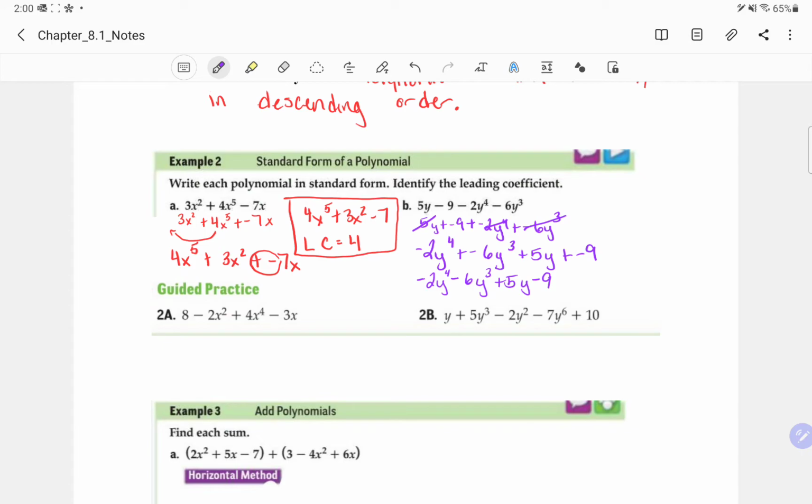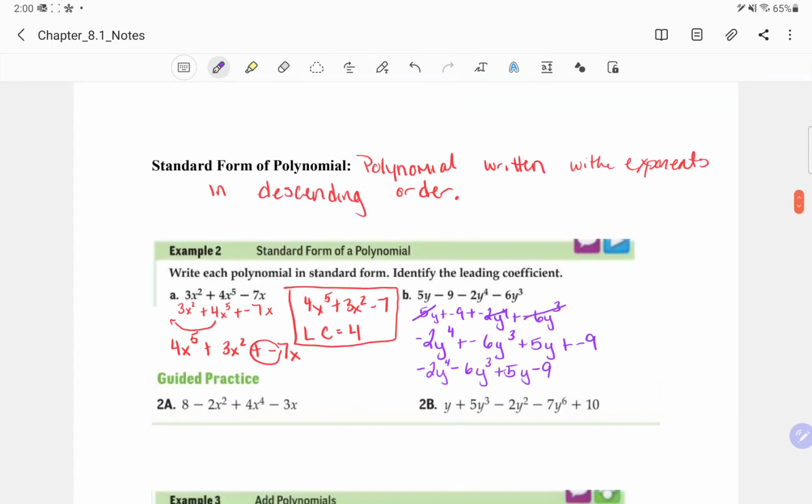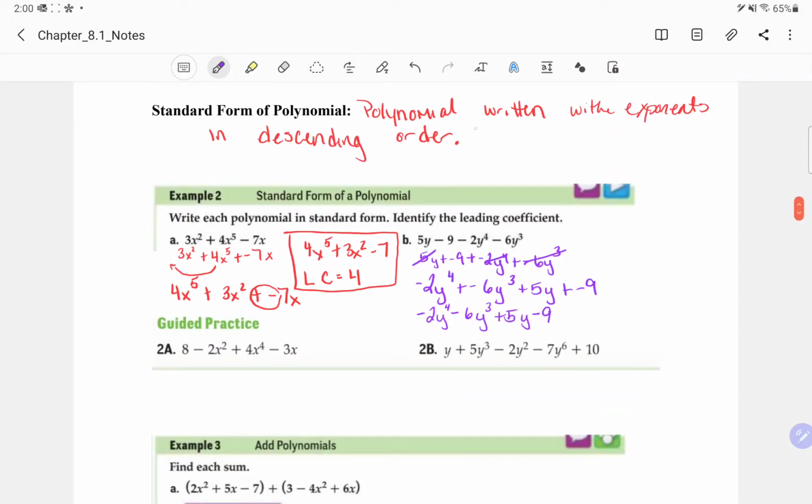Now also, for anything to be in standard form, your leading coefficient can't be negative.